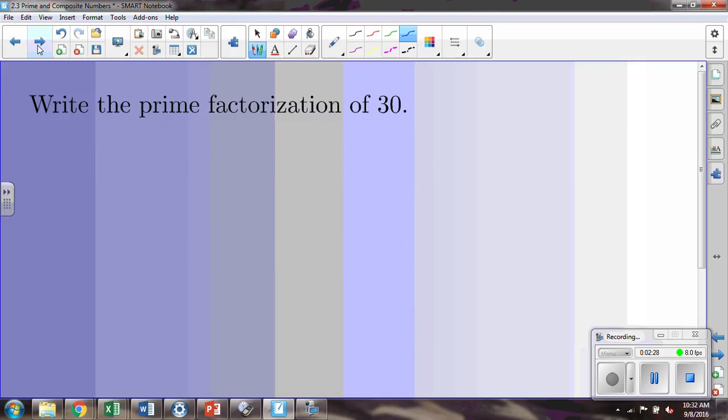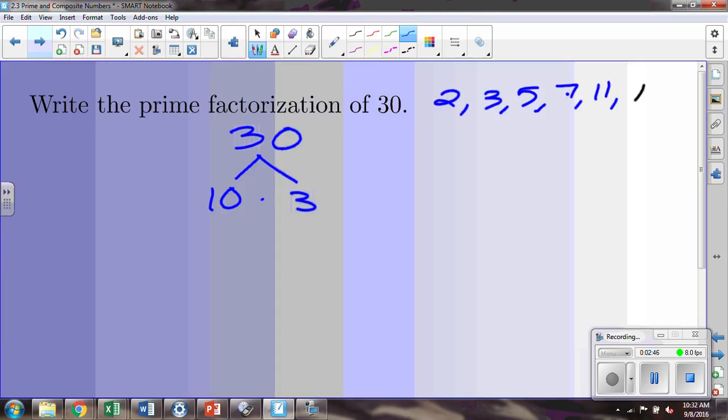Well, to start off with, we're going to do the prime factorization of 30. And we're going to use a factor tree as a tool. Tell me 2 numbers that multiply to 30. 10 and 3 we had mentioned earlier. Well, in our list of prime numbers, the first 6 of them we said were here. 3 is on that list.